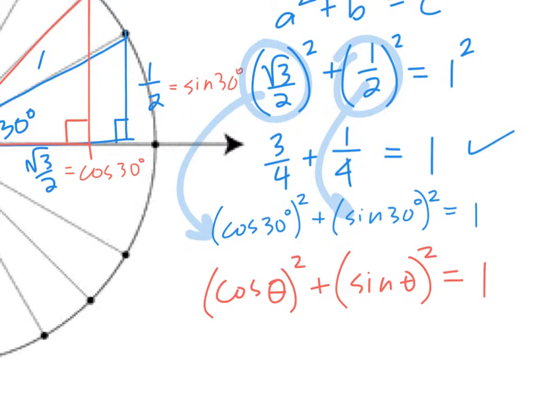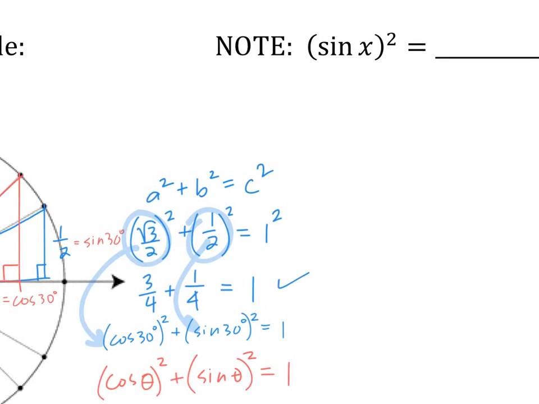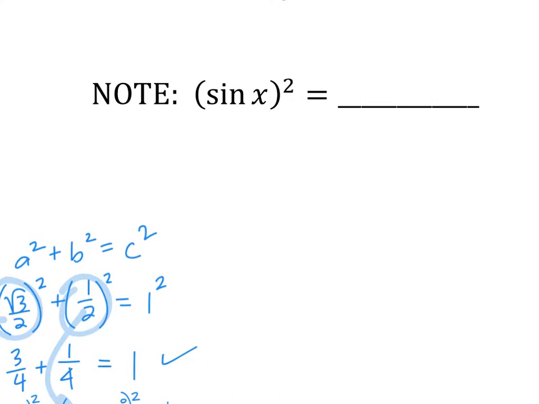Now, in your math book, you will almost never see this because they just don't write it that way. What you will see is this. They mean the same thing. That square inside just means the whole thing squared. You have to know they mean the same thing because on your calculator, there is no square button inside of the sine.